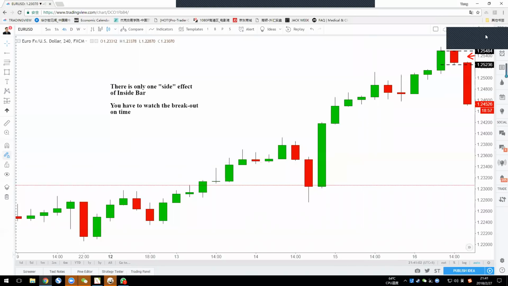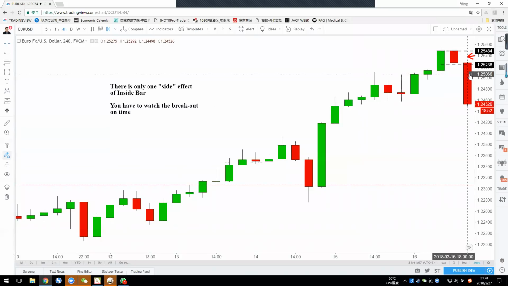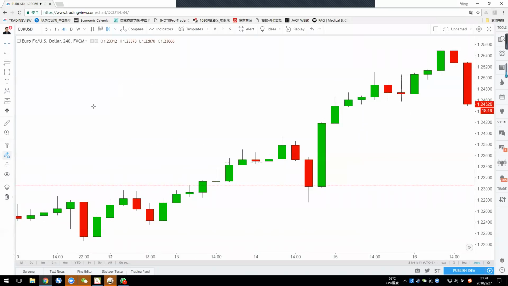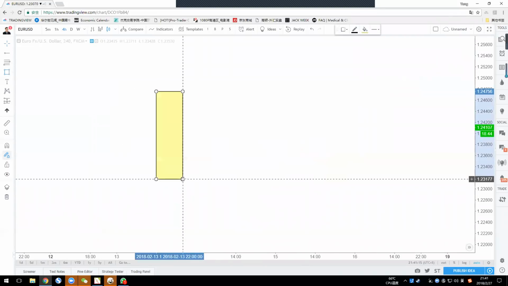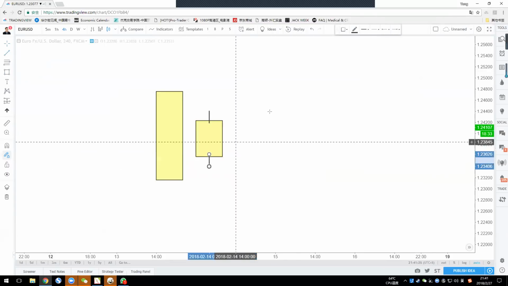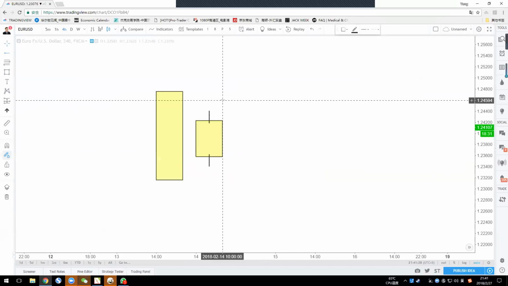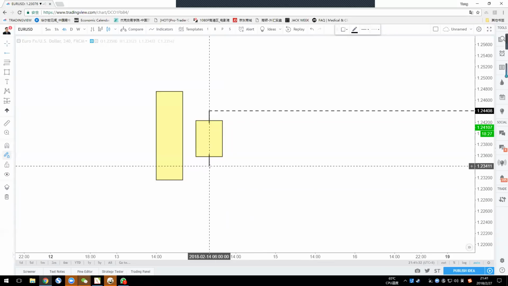However, if you're afraid that you may miss the entry, here's a strategy I can show you. You can take this as an example. We see an inside bar, and we see the highest point and the lowest point, and you need to take the high and take the low.